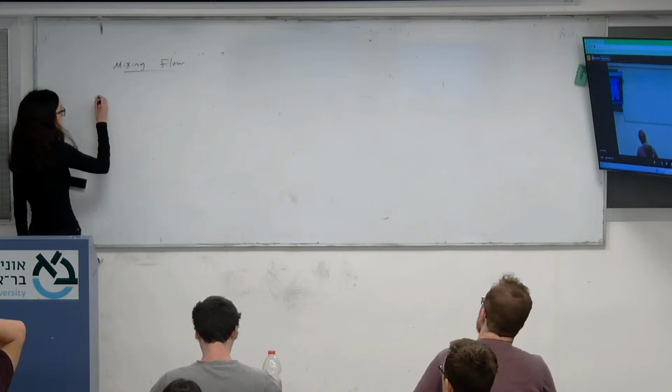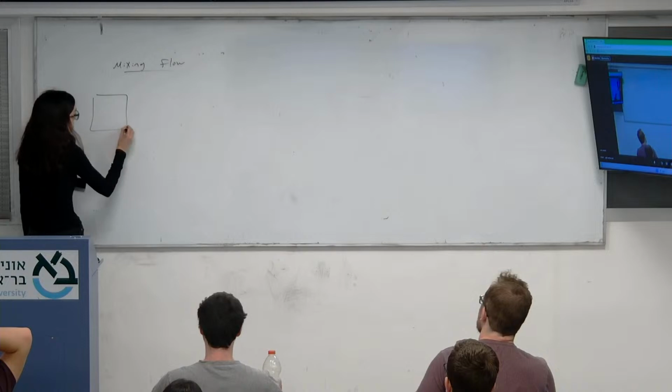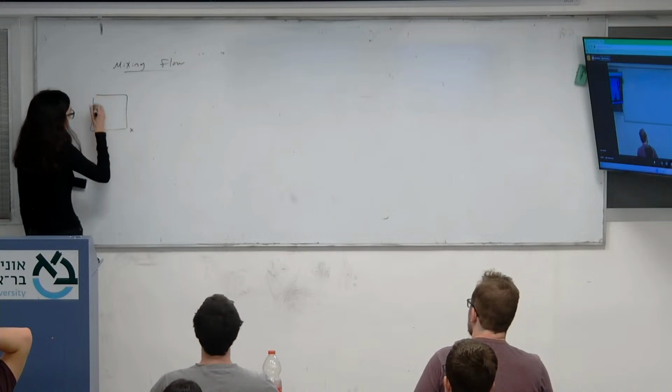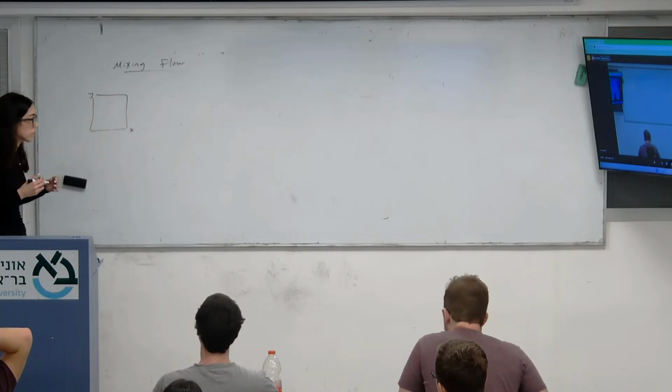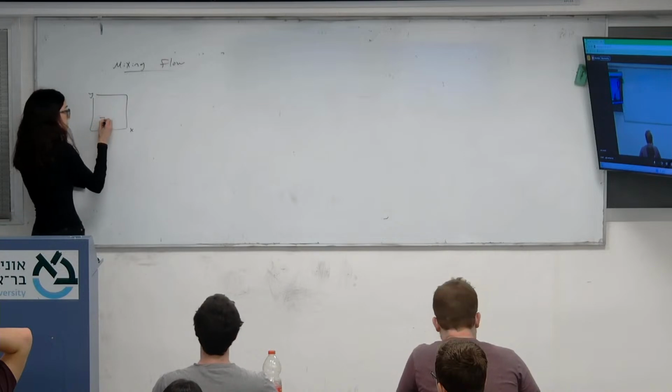So if I think about the system, I have a phase space. This is like x and y, or p and q, and I have some initial condition.